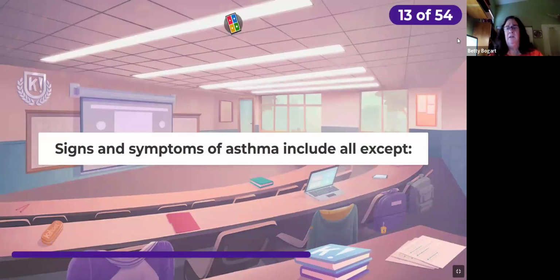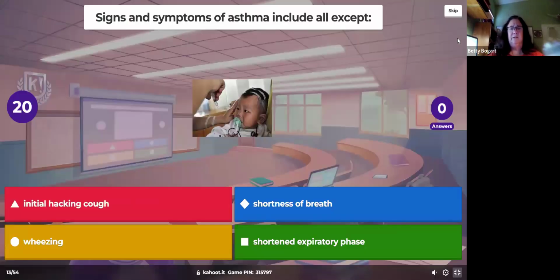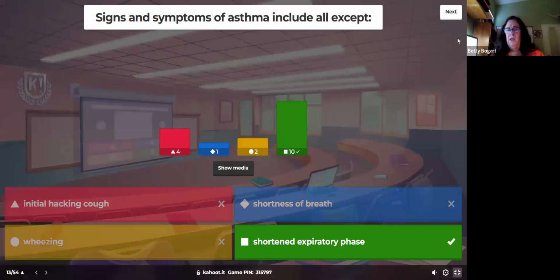Signs and symptoms of asthma include all except. Remember, asthma is that lower airway where you can get air in, but the problem is trying to get it out. It gets trapped. So with asthma you're going to be hacking and coughing.